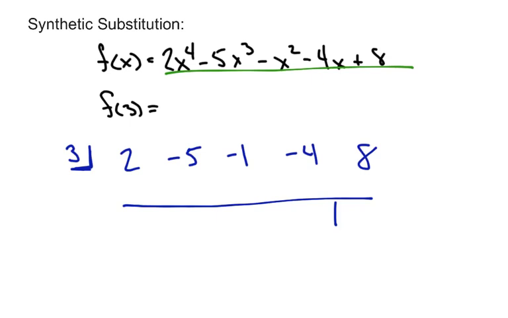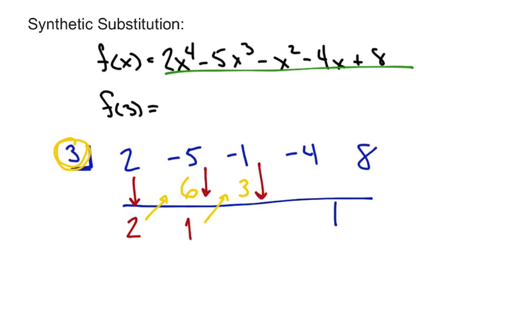All right. This is your first time doing this, so pay attention. What we need to do is first just bring down this 2. And every time that I work diagonally, I'm going to multiply by 3. So 2 times 3 is 6. Every time we work vertically, we're going to add. -5 plus 6 is 1. So diagonally, 1 times 3 is 3.